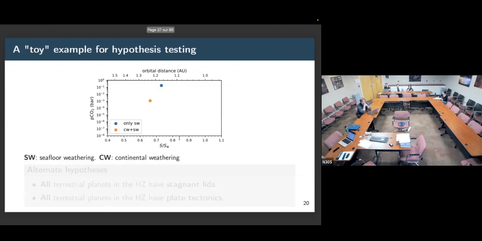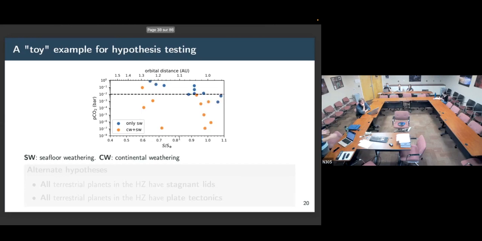Now let's assume that future telescopes will be able to look at the pCO2 in terrestrial exoplanet atmospheres. What would be the sample size and the quality of the telescope, the observational effort required to infer whether planets are in the stagnated scenario or in the mobile lid scenario? If we have only one data point, we won't be able to say much.